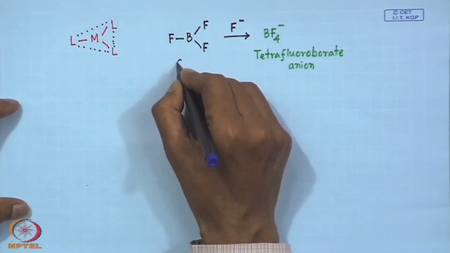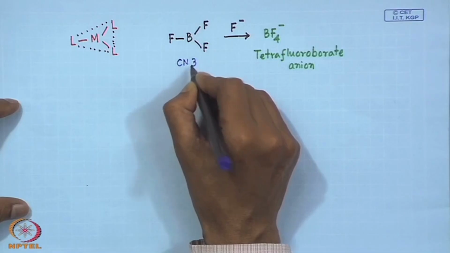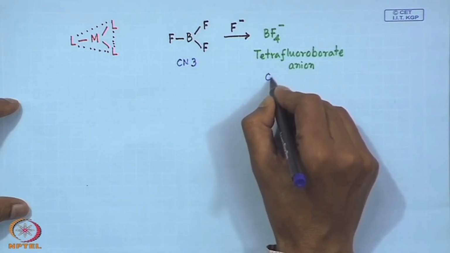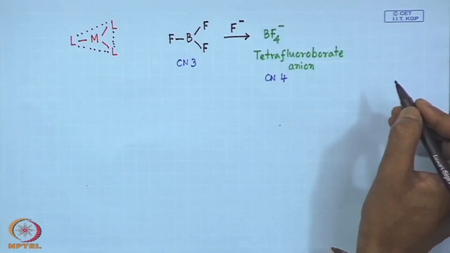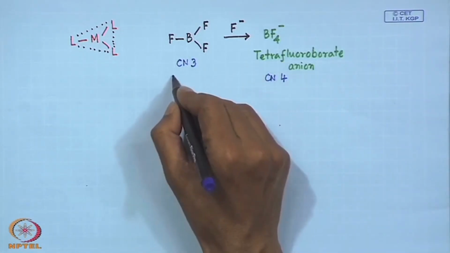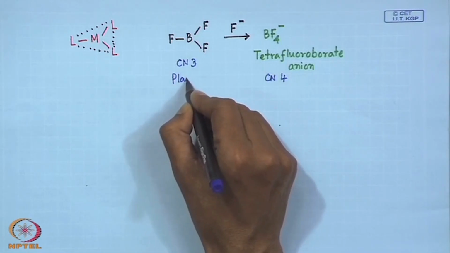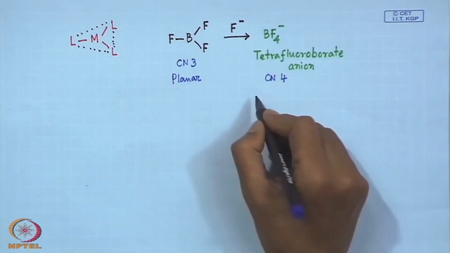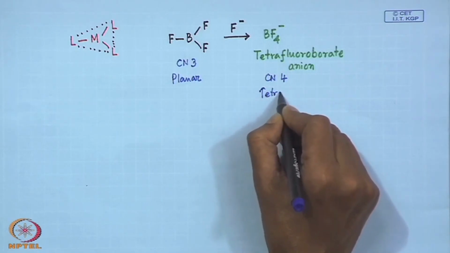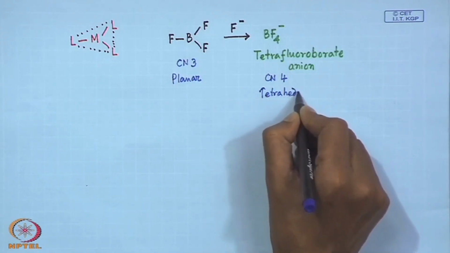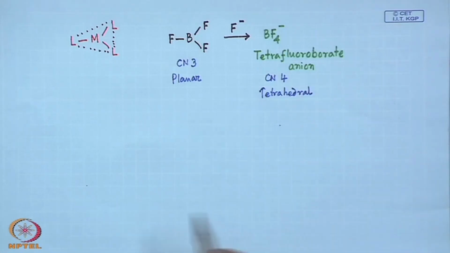So, if we have a coordination number of 3 on the left, we can have a coordination number of 4 on the right. So, this is therefore a planar geometry and this is a tetrahedral one.